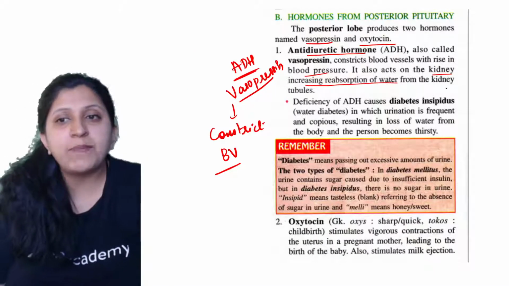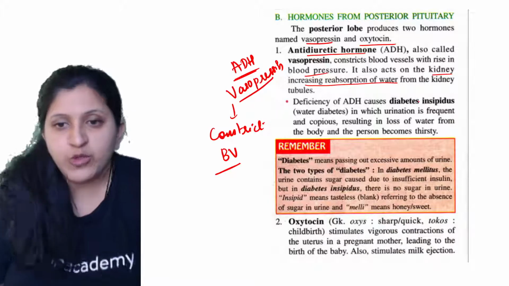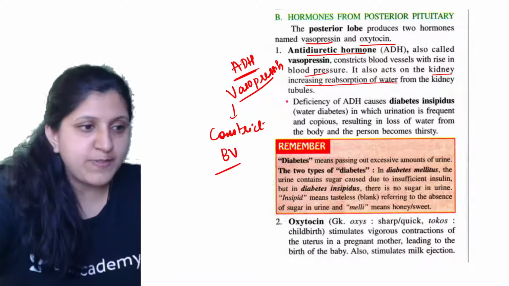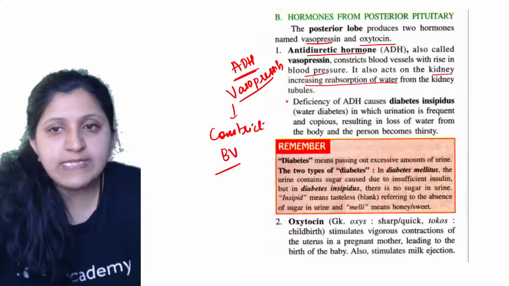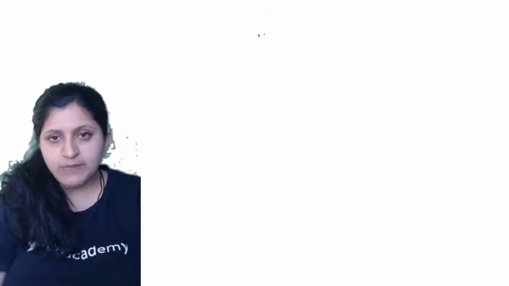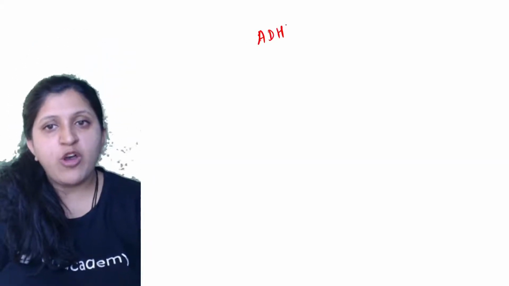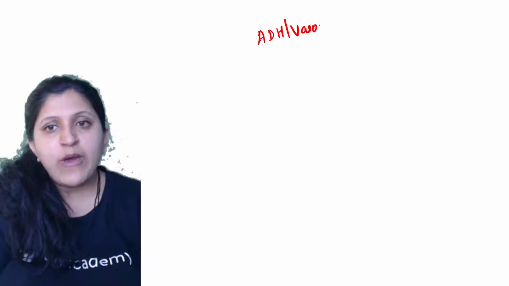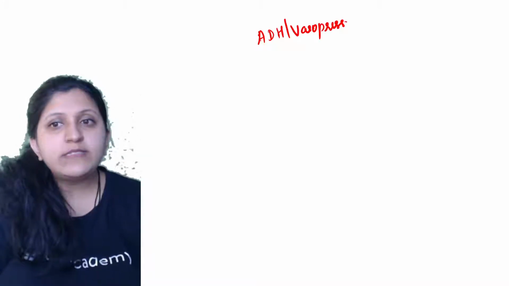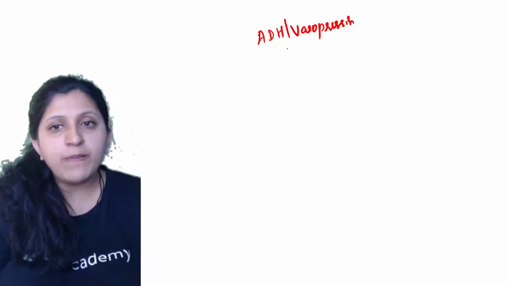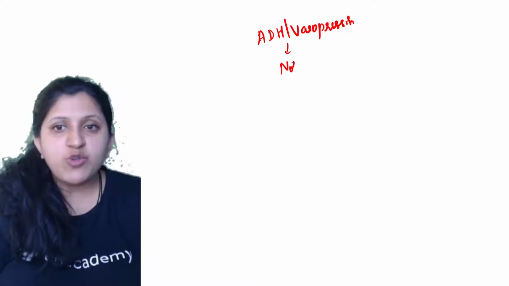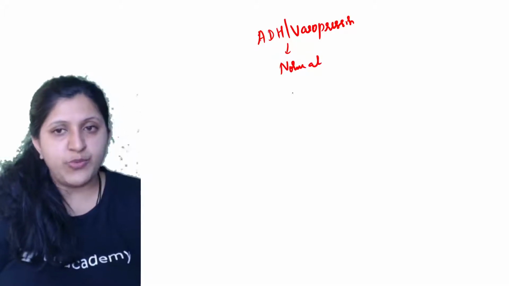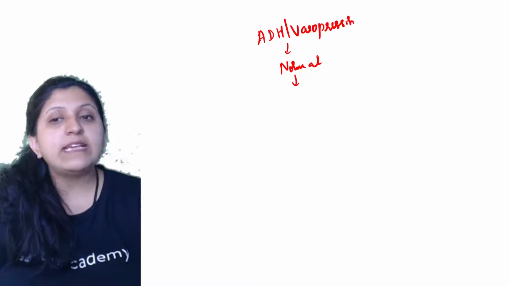So now I'll explain this. Let me write it here. There is the ADH hormone, or we can also call it vasopressin. When this hormone is released in a normal concentration, what is going to happen?